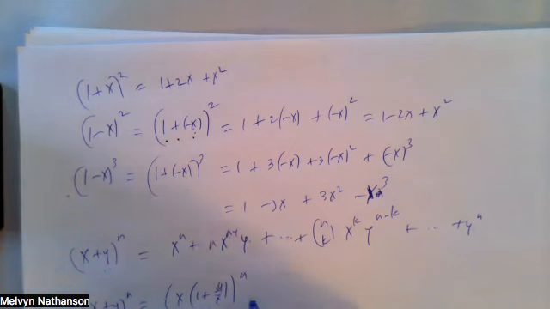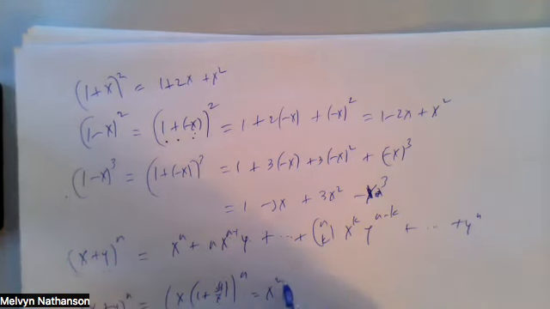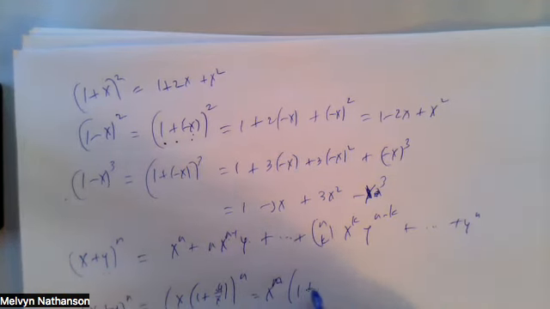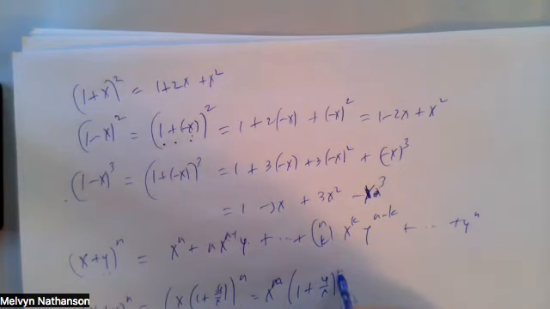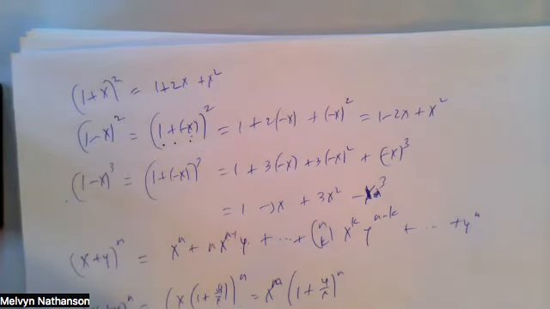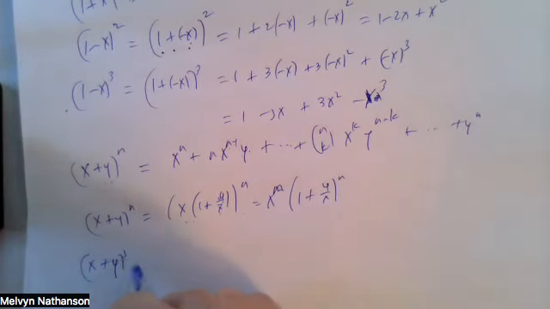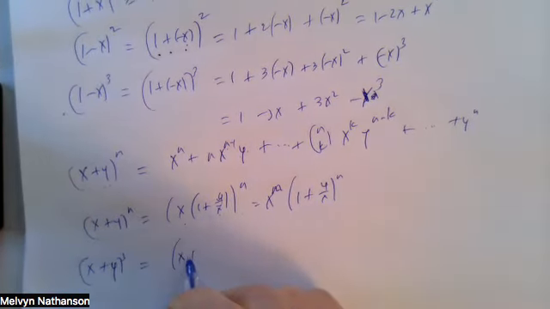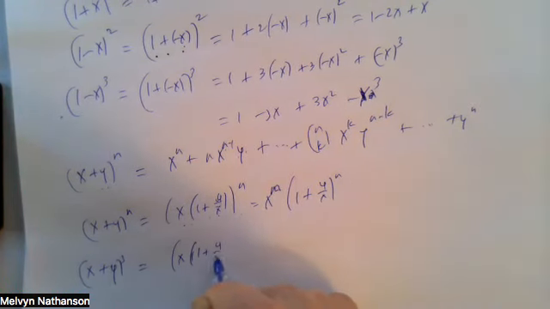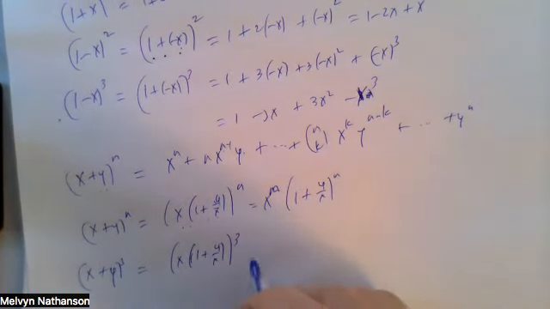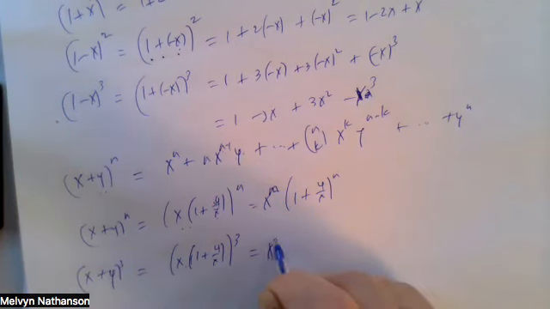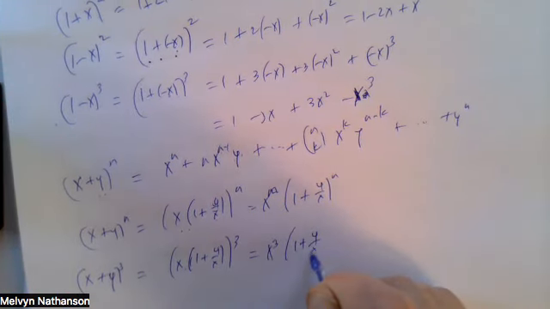I can factor out the x to the n, 1 plus y over x to the n. Like, for example, what is x plus y cubed? I could write this as x times 1 plus y over x cubed, which is x cubed times 1 plus y over x cubed.